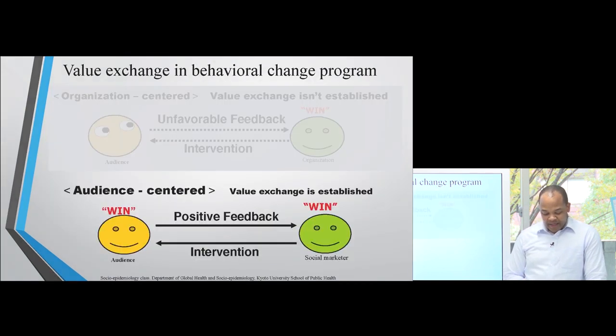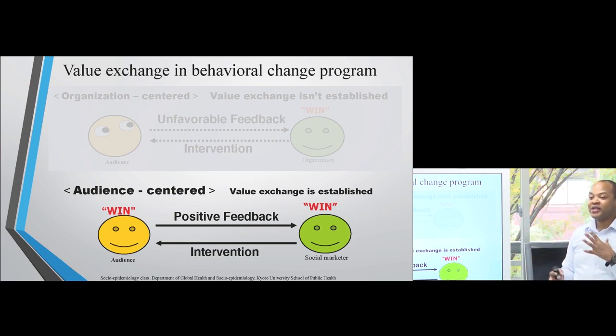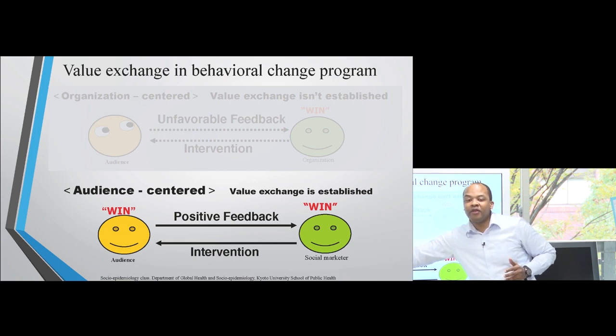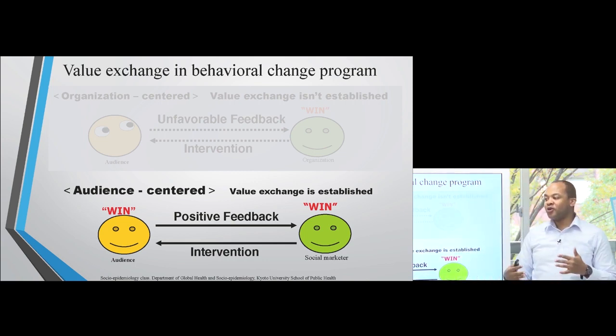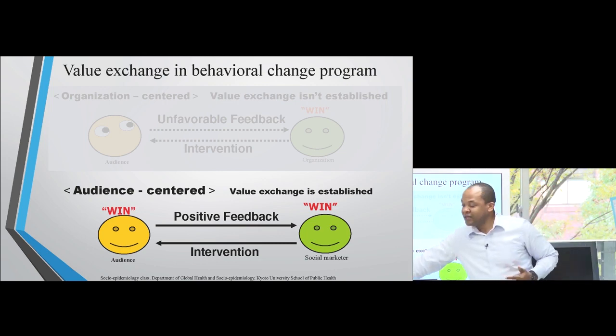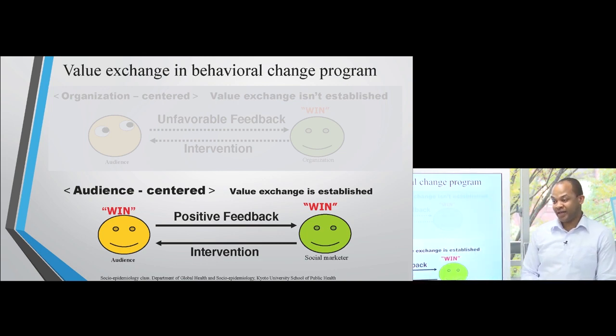But in another scenario, you have a situation that is a little bit different. You have a situation where both the organization or the social marketer and the audience both win.